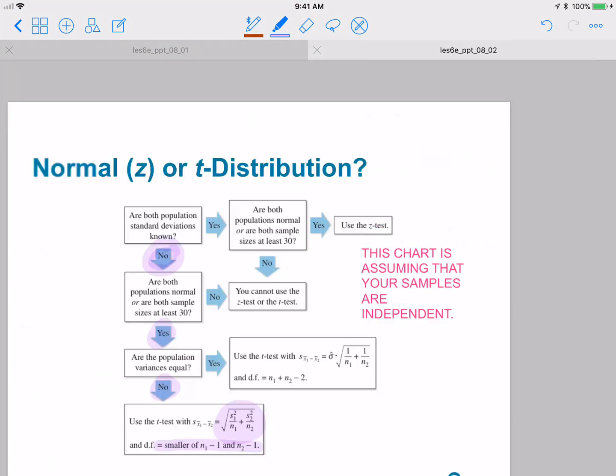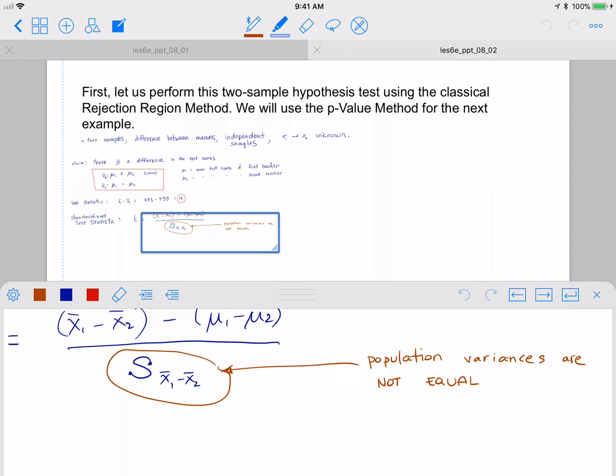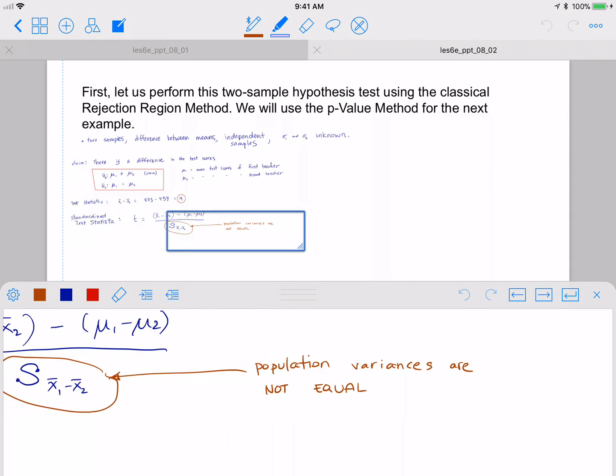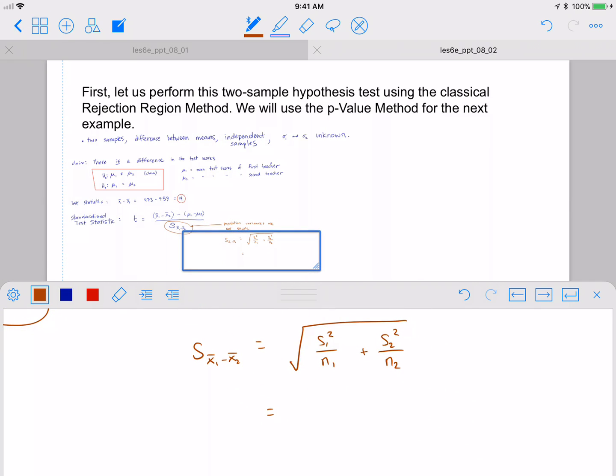Okay, so for our standard error, since our population variances are not equal, we'll use S of x1 bar minus x2 bar equals the square root of S1 squared over N1 plus S2 squared over N2. So now we can plug this in. So S1 is 39.7, S2 is 24.5, N1 is 8, N2 is 18.